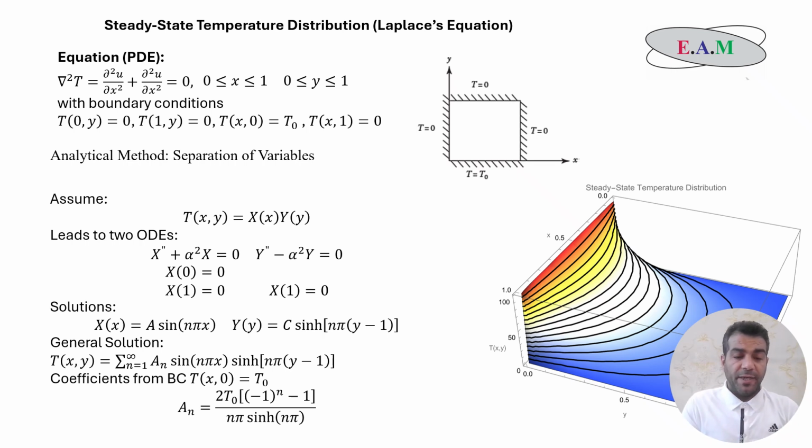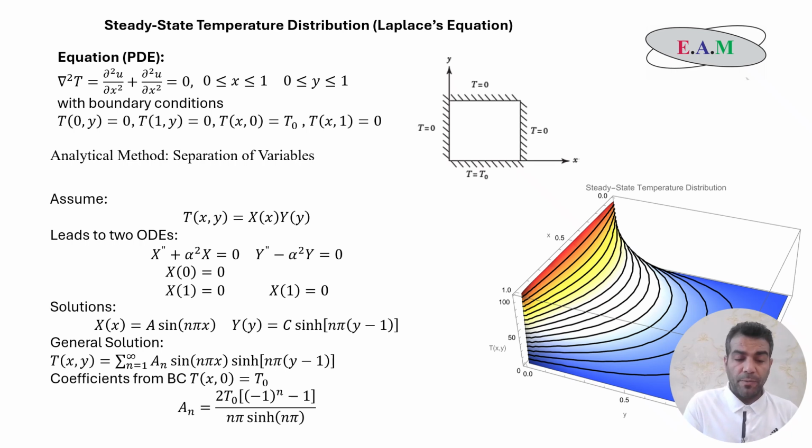In this slide, we present the analytical solution to a classic steady state heat conduction problem using separation of variables. The governing equation is the Laplace equation, and we're working on a unit square domain with fixed boundary temperatures. We assume the solution is a product of a function of x and a function of y, converting the PDE to ODEs. Solving these two ODEs with boundary conditions yields sinusoidal and hyperbolic solutions.